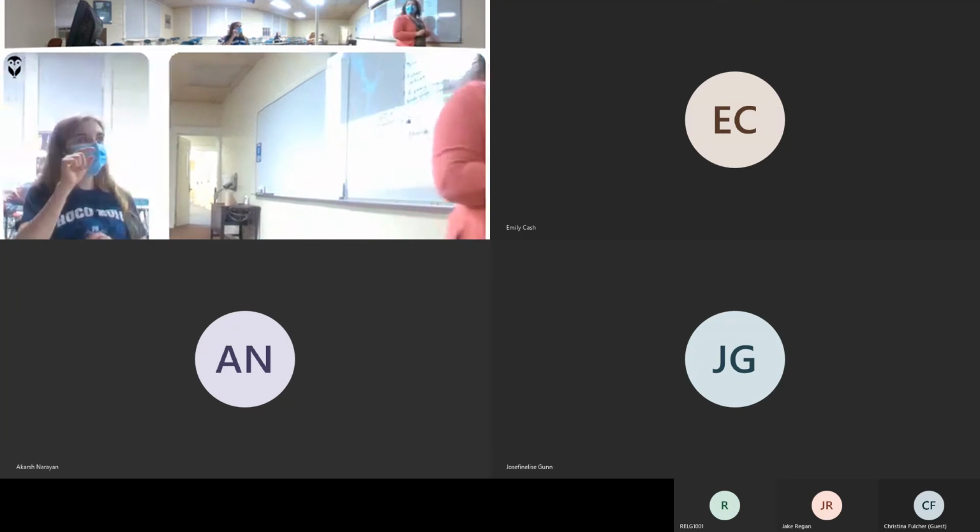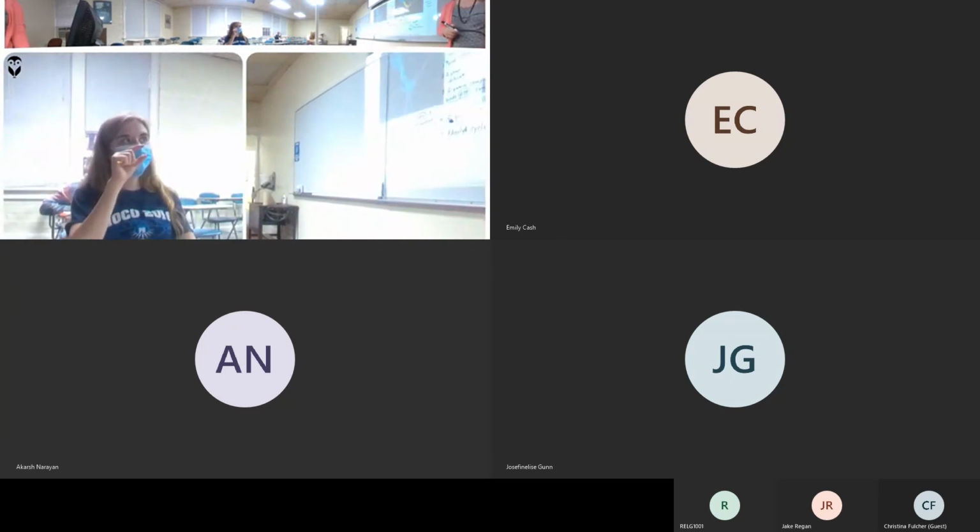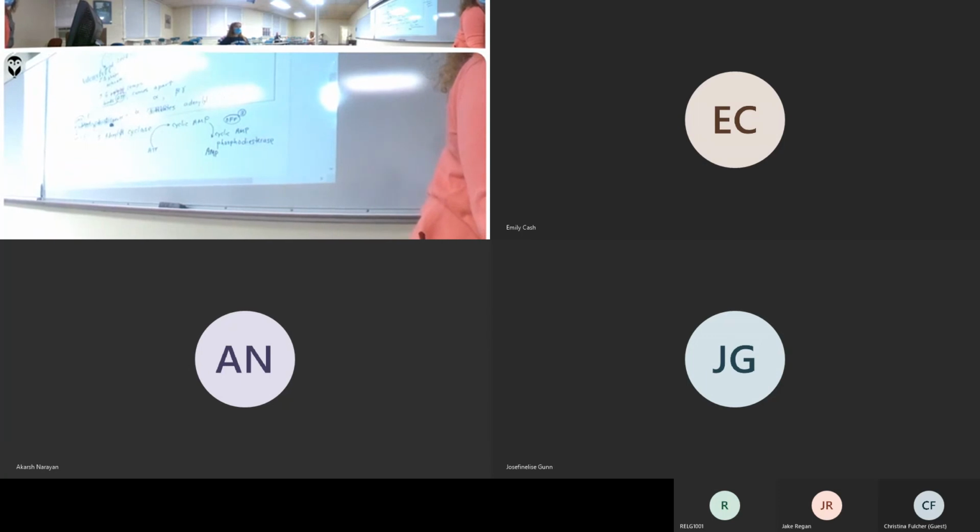So on the test, are you going to ask specifically which kind, like if it'll be cyclic AMP? Yeah, you need to know that. So this is one version of G protein signaling. The other 2 versions are the ion channel style or the phospholipase C style.